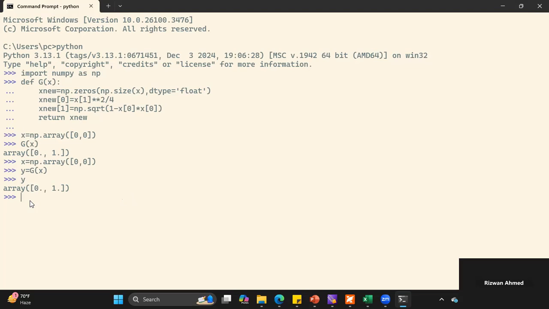Then I can set x equal to y, right? Exactly on similar lines. x is equal to y, and then y is equal to g of x. The y value has again changed, right? And this structure is going to be valid irrespective of the number of equations you have, right?